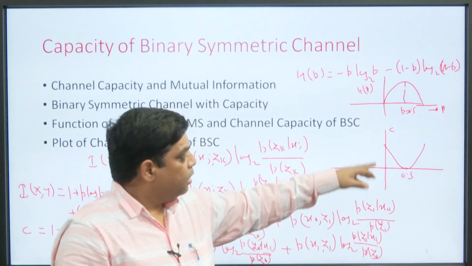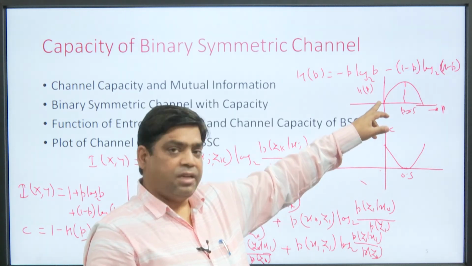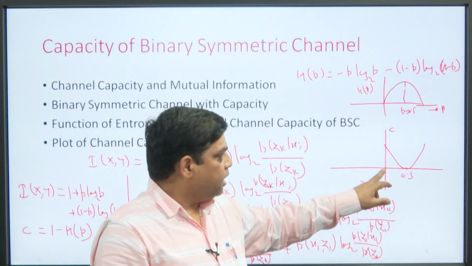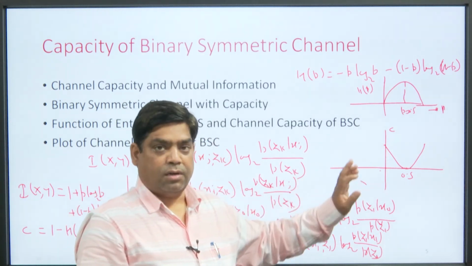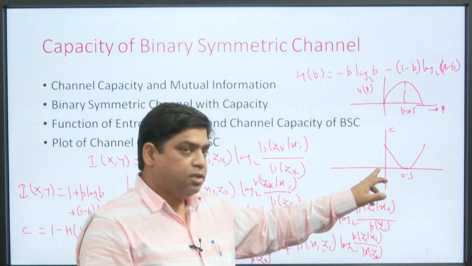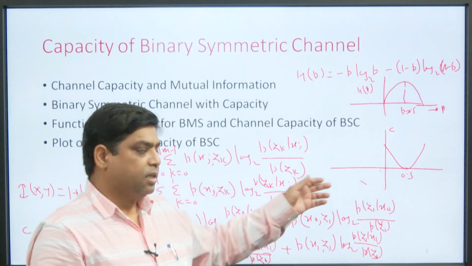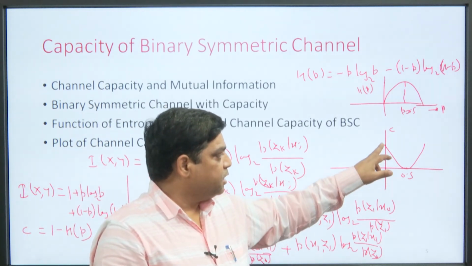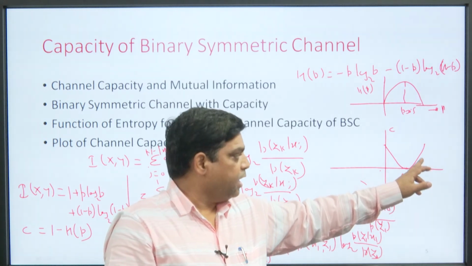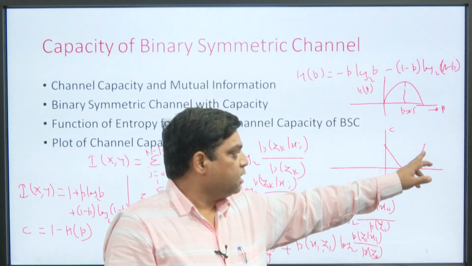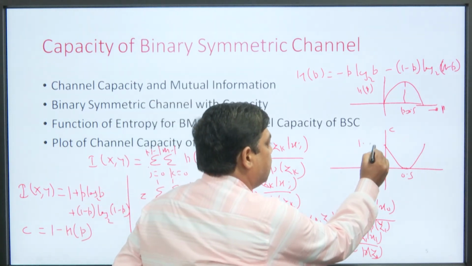But when probability p is 0, uncertainty is 0, then capacity is maximum, that is 1, because the correct probability, 1 minus p, is always 1. Similarly, when probability p is 1, again 1 minus p is 0, that is certain, then capacity is highest, that is 1.